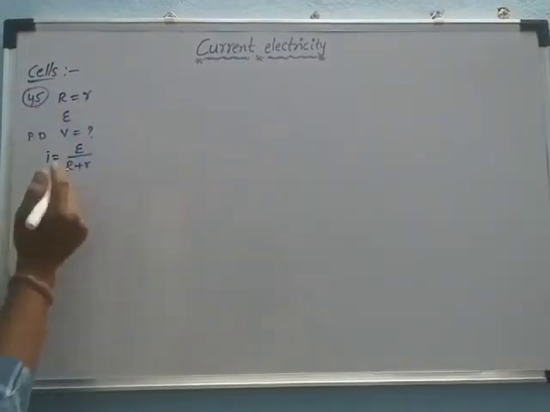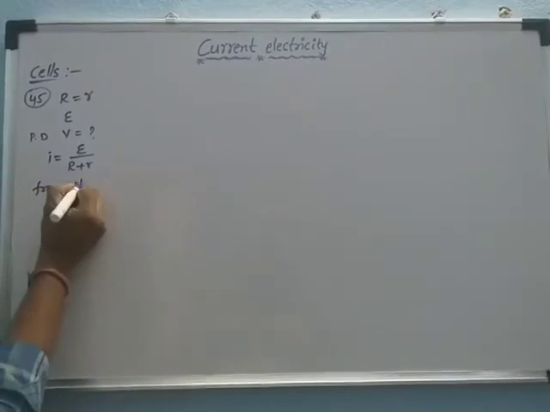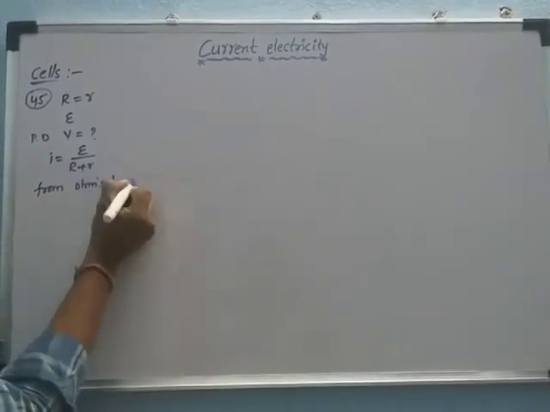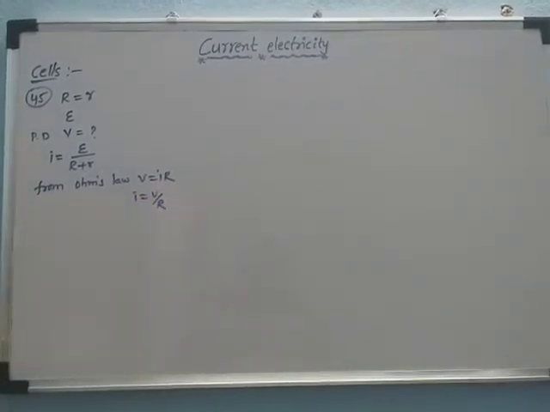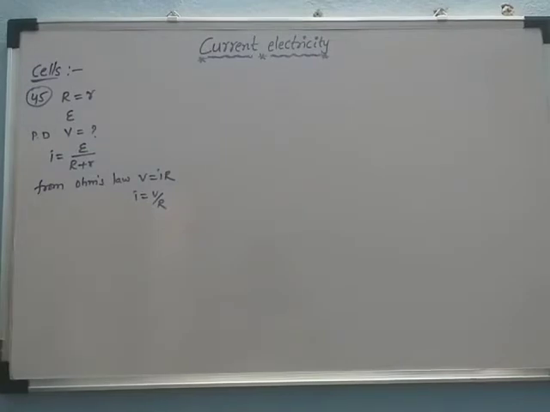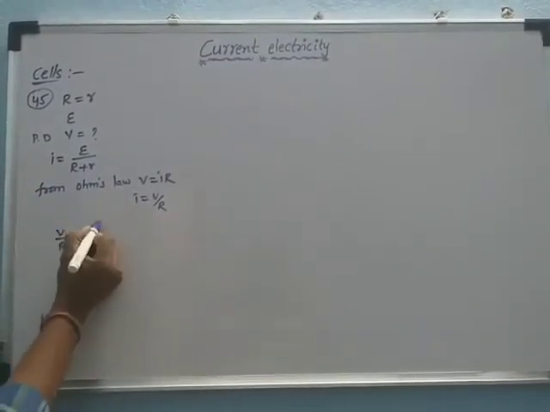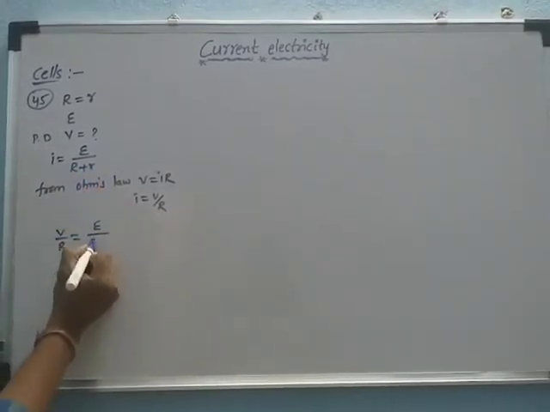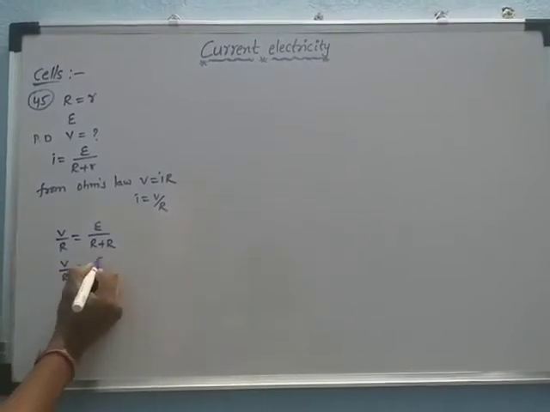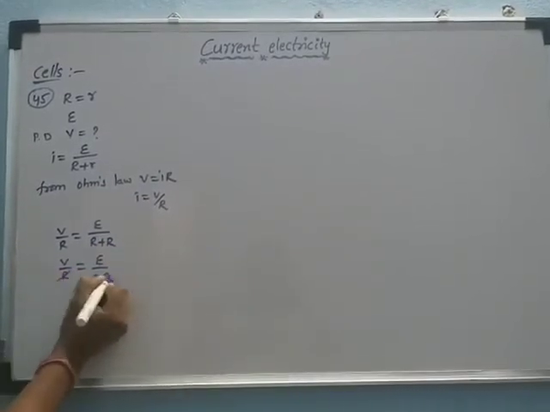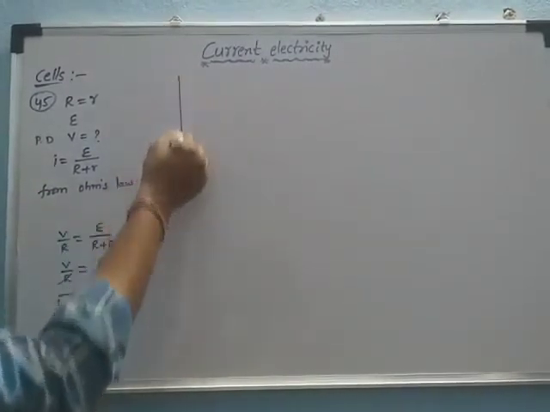Here the small r is also equal to capital R. And from Ohm's law, V is equal to I into R, then I is equal to V by R. Now V by R is equal to E by (R plus R), that is E by 2R. R gets cancelled. The potential difference is equal to EMF by 2.